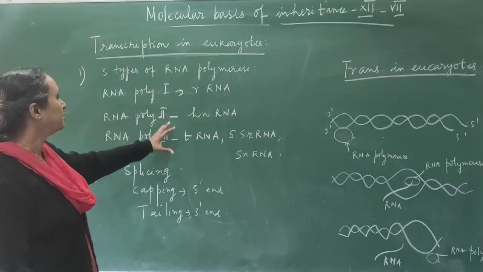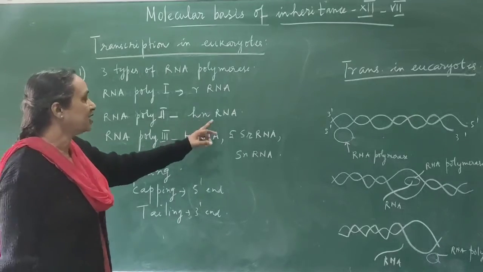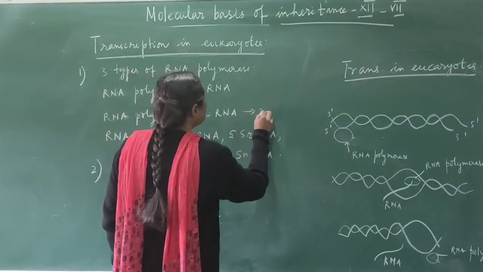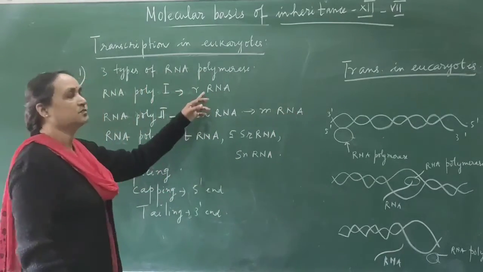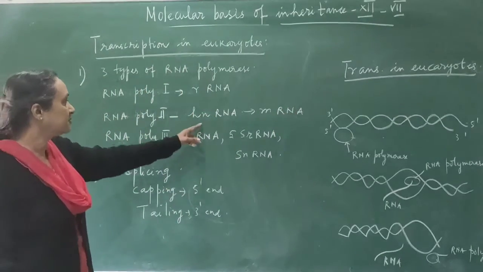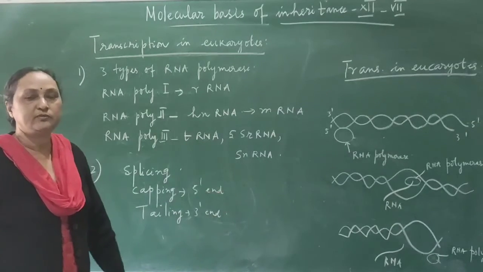So the 3 RNA polymerases have 3 different roles, because this hnRNA will ultimately produce messenger RNA. So one is producing ribosomal RNA, another is producing messenger RNA, and the third is producing transfer RNA and these 2 types of RNA.